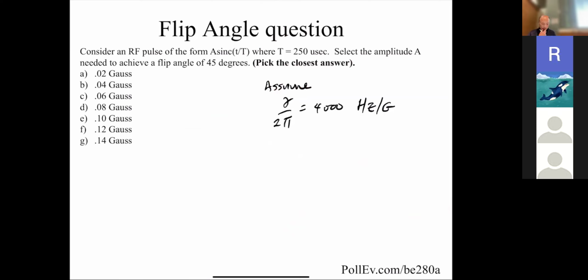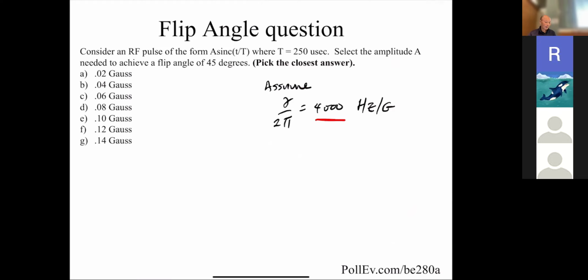What I like to do is, ideally this would happen more towards the middle of the lecture to give you a break, but here it's good. We have about 10 minutes left, so we can take a few minutes for you to look at this question. Feel free to talk to your neighbor, and you're just asked to pick the closest answer. To keep things simple, you can assume that gamma over 2 pi is 4,000 hertz per Gauss.